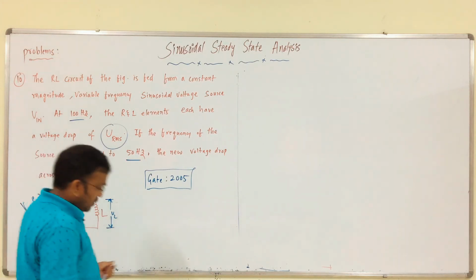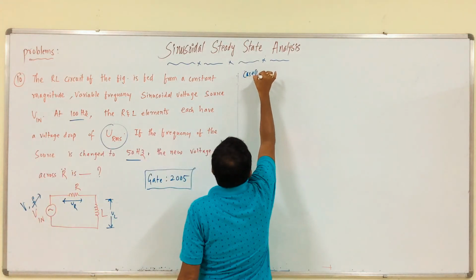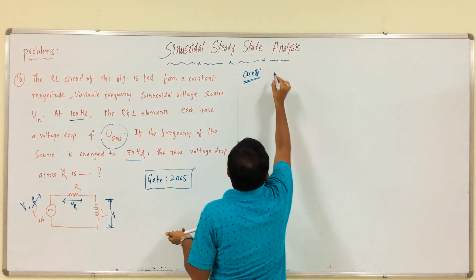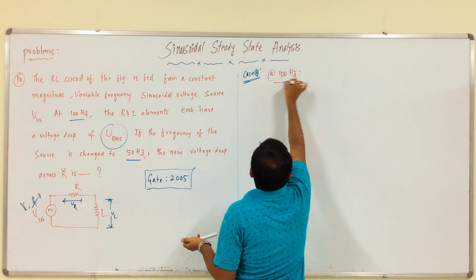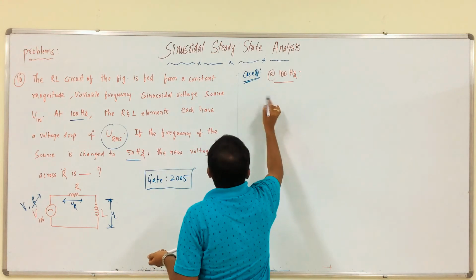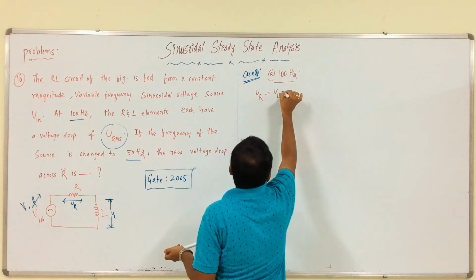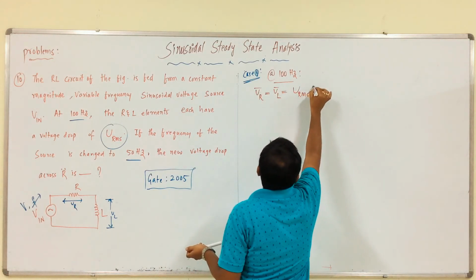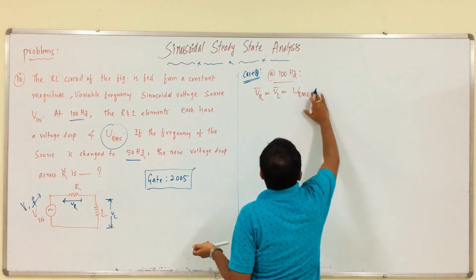So we have two cases. What is case 1? At 100 Hz, the voltage drop across Vr, which is nothing but VL, is URMS at an angle 0.